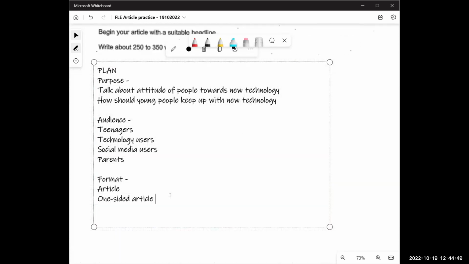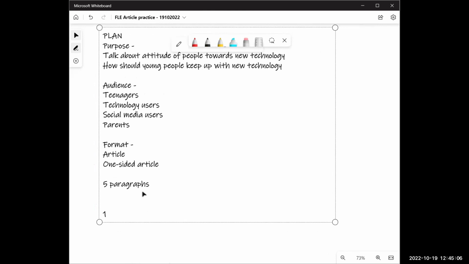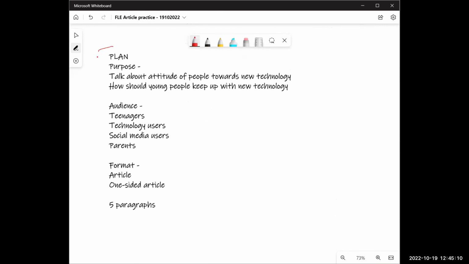Now, one-sided article, the format for this is you need, let's say, 5 paragraphs. The first paragraph has to be... Now you'll not be writing this part in your plan, but all of this should be in your plan.